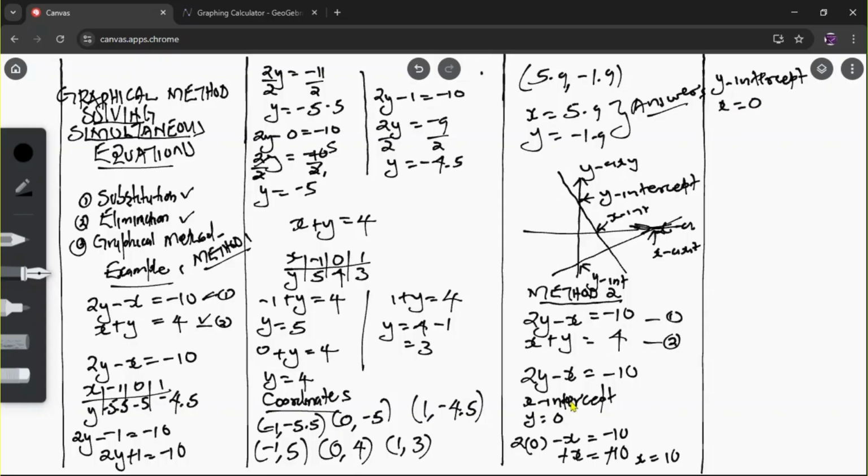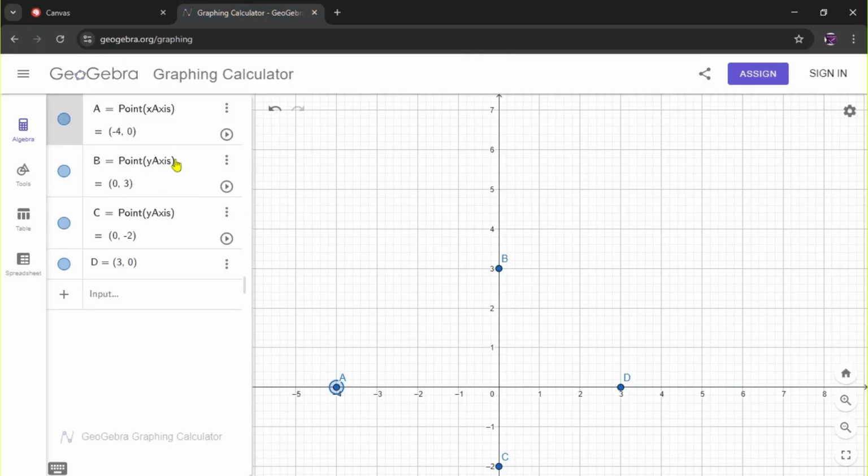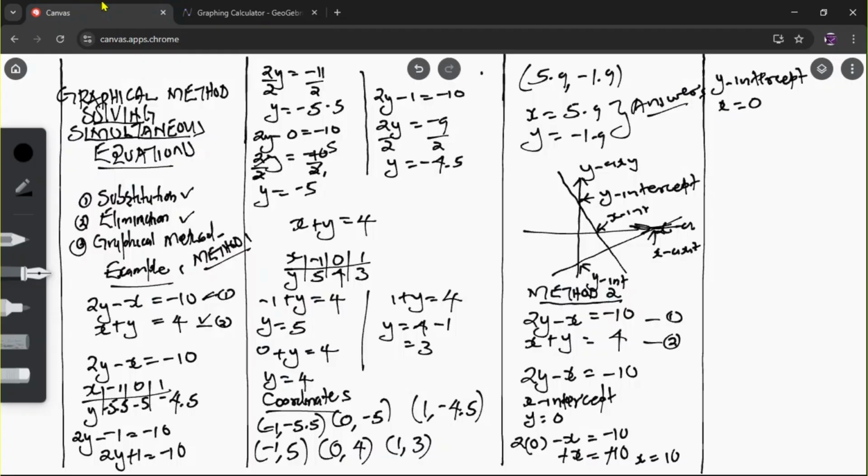So I am interchanging this, and we can see that from our graph. On the y-axis, the value of x is 0. You can see B and C here: this is the value of x, this is the value of y, and the two of them are 0.